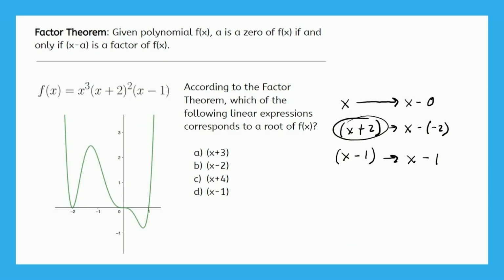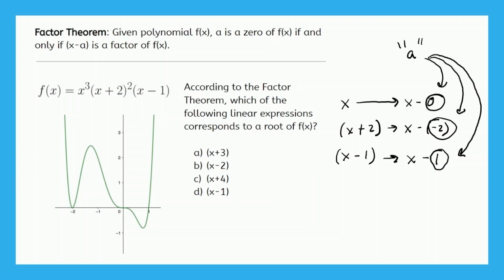Same thing, but now we have the form x minus a. So a is -2, a is 0, and x minus 1 is already in the form x minus a, so a is 1 in that case. So there it is. In terms of the factor theorem, a is 0 here, a is -2 here, and a is +1 here. And the theorem says that a is a 0 of the function.